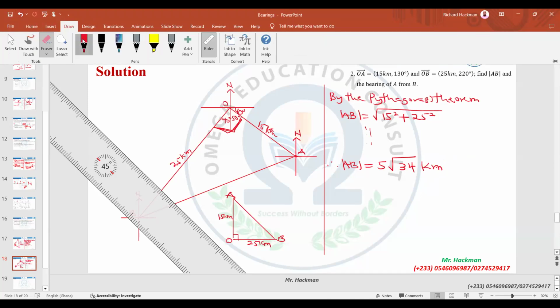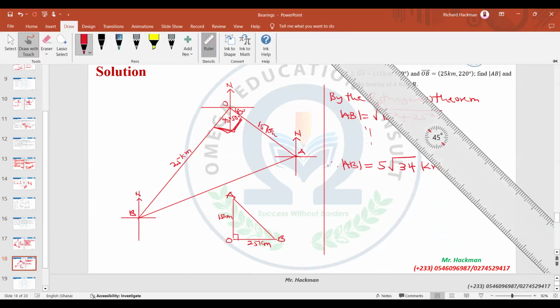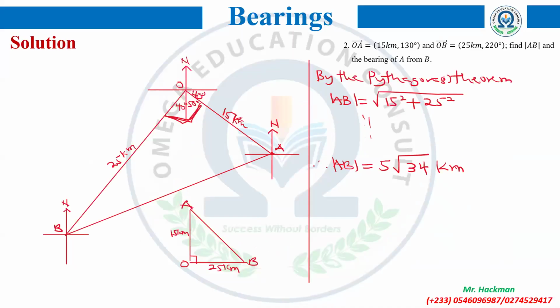All right, so the bearing. Let's go and look at what we have there. I think for the bearing, I don't need the straight edge, so I can let it vanish, so that we can have a better view. We are looking for the bearing of A from B. So it means we need to go and stand at B. B is our reference point. Is that clear?